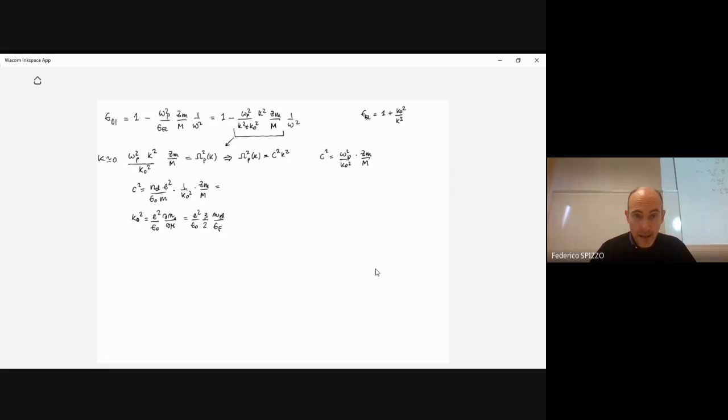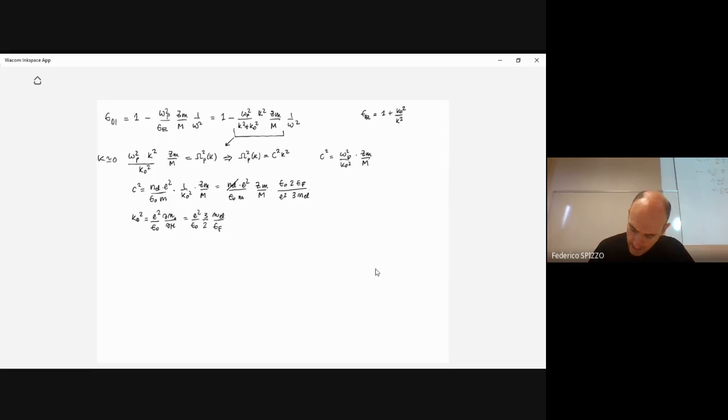So if we replace that, we have electronic density times e squared times e0 electronic mass, then we have Zm divided by the ionic mass. k0 squared is e squared 3 electronic density, then we have e0 times 2 times Fermi energy.